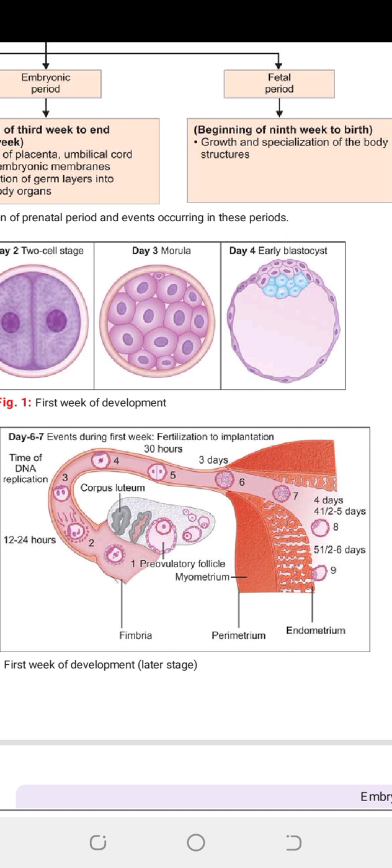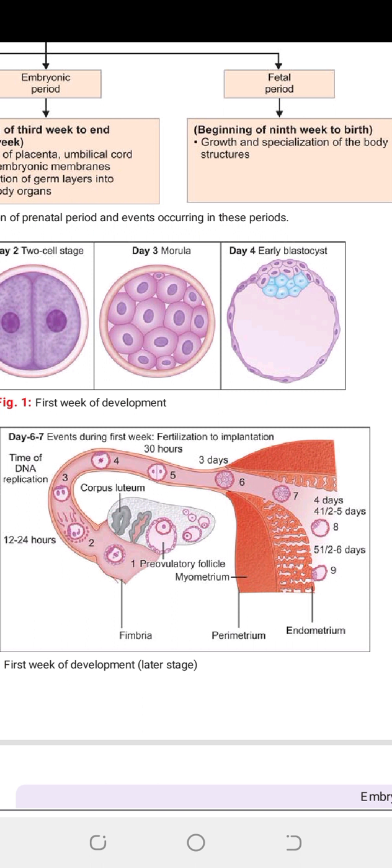There are three phases. It's not really important to know about them, but I can tell you there are some molecules you will study in inflammation. The blastocyst begins to attach.